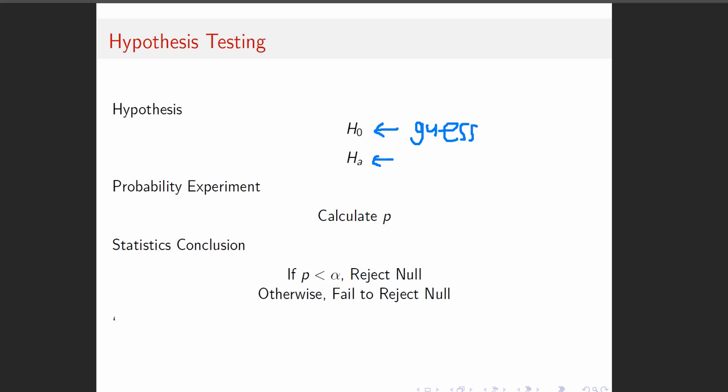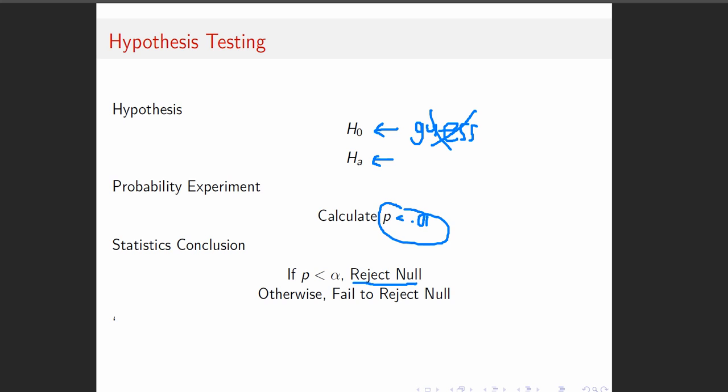And it turned out she got all 8 out of 8 correct, which was far less than a 1% chance of happening if she was randomly guessing. So we rejected the null. This was our statistical conclusion: reject the null. Why did we reject the null? Well, we calculated the p-value, and the p-value was far less than 1%. So I'll just put less than 0.01.